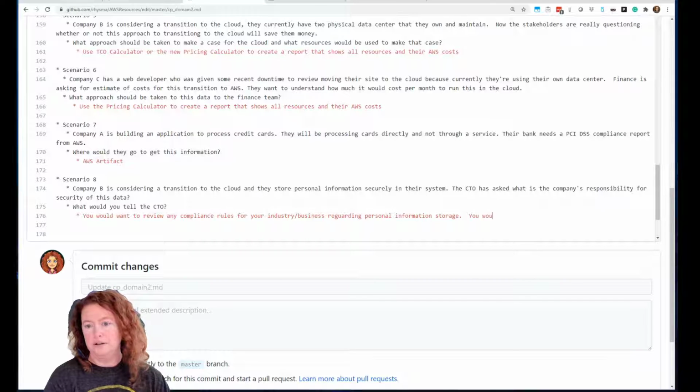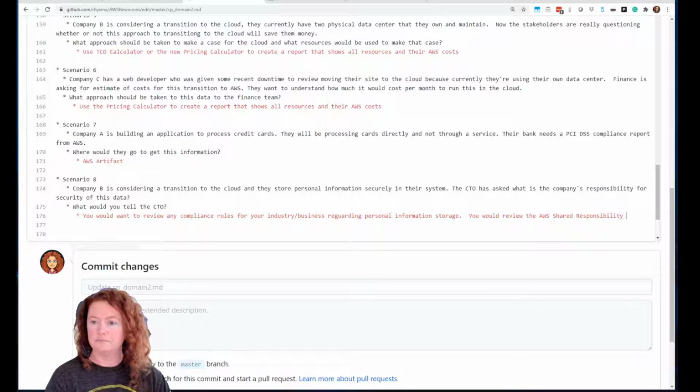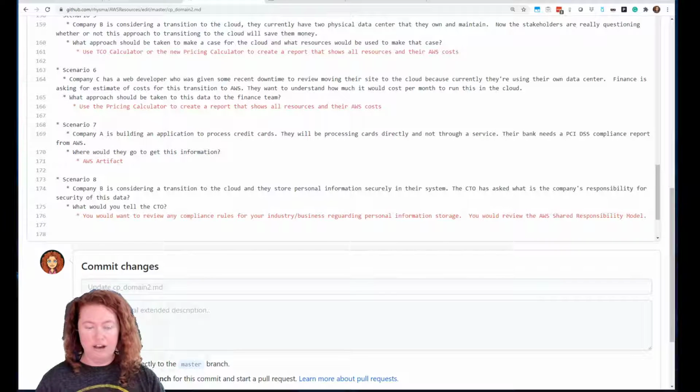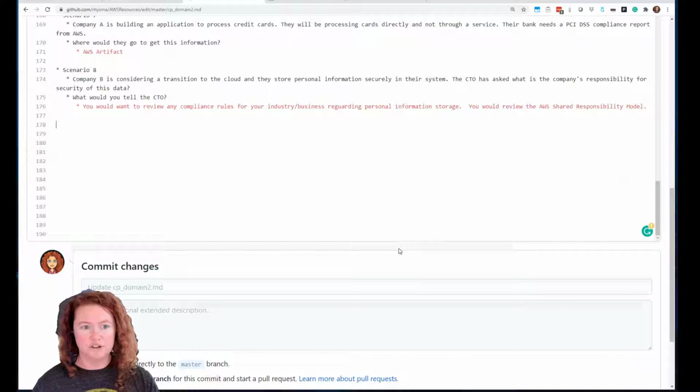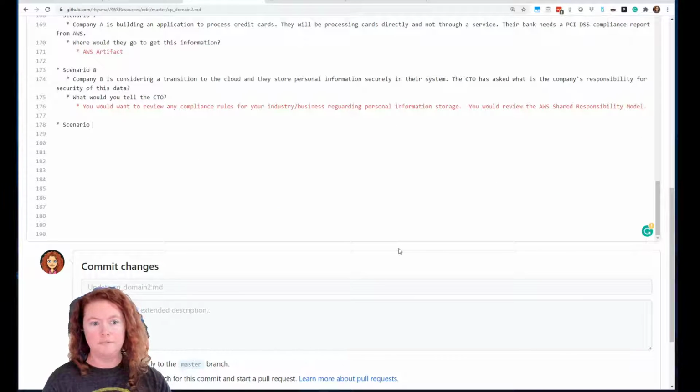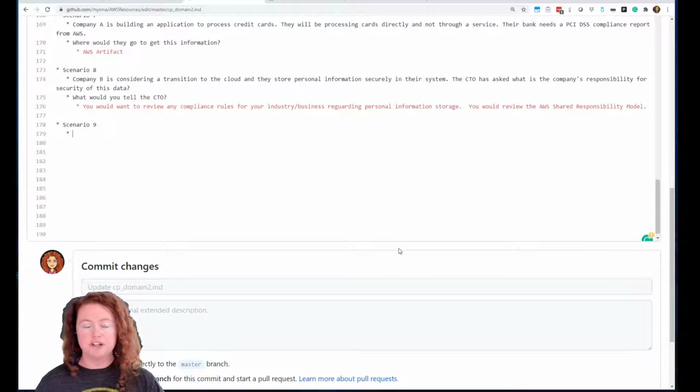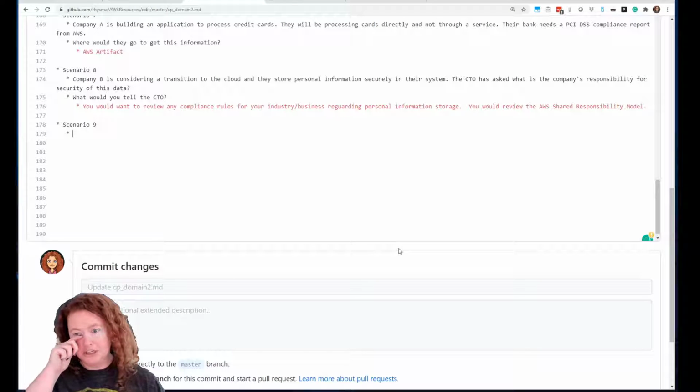You would review the AWS shared responsibility model to make sure that you give a very thorough, clear, and comprehensive answer to this question. Because depending on your organization and your compliance rules about personal information storage and how you need to keep that secure, that's going to be all laid out for you.